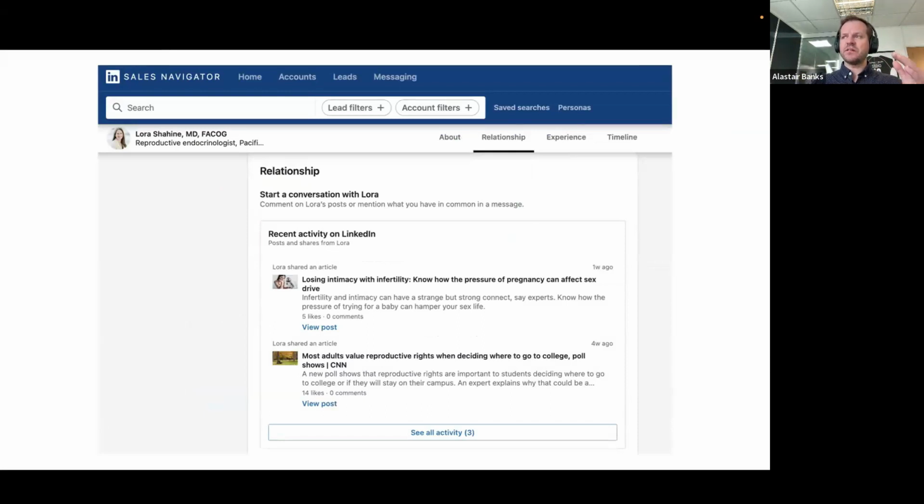Sales Navigator shows you more information than LinkedIn does. It tells you what relationship you are likely to have with that person, whether they have shared any recent activity. That's good, because then you can talk about that if you reach out to them.